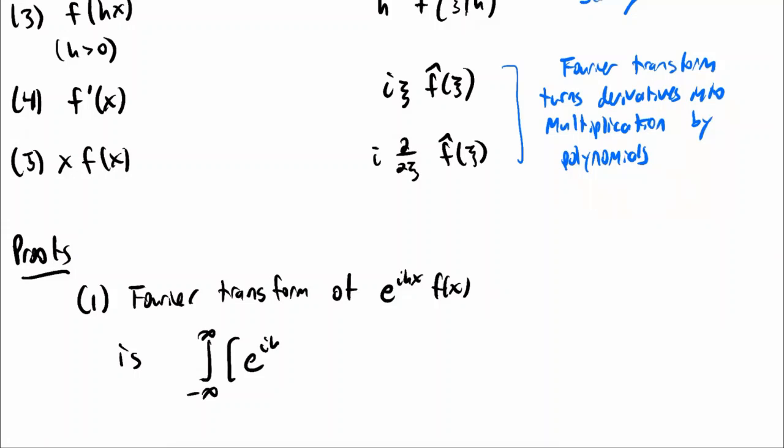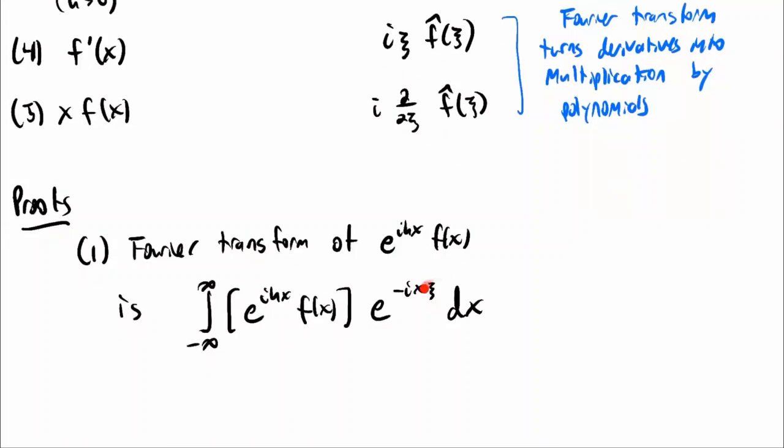So I plug in e to the i hx f of x times e to the minus i x xi dx. You're always integrating with respect to the variable of the function you plug in, and then there's the other variable up here.